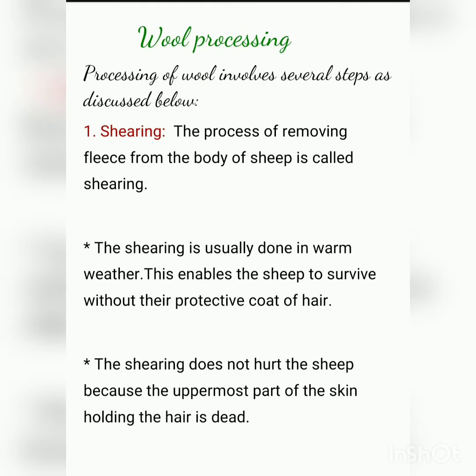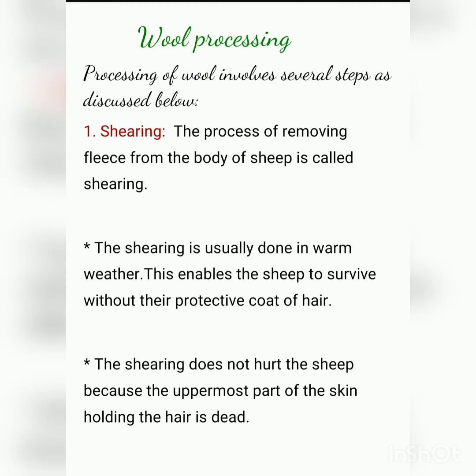All the steps involved in the processing of wool are as shown. First step in the processing of wool is shearing. The process of removing fleece from the body of sheep is called shearing. Write down the notes as shown on the screen.